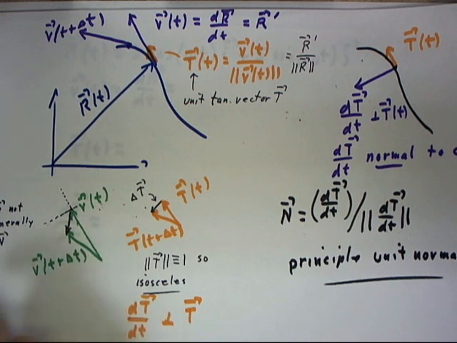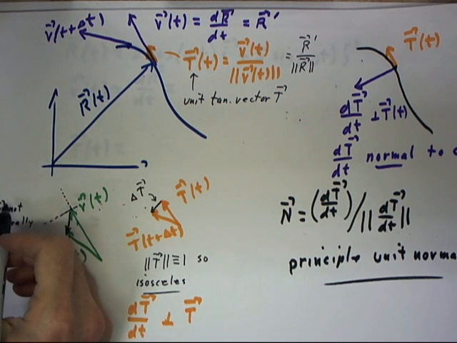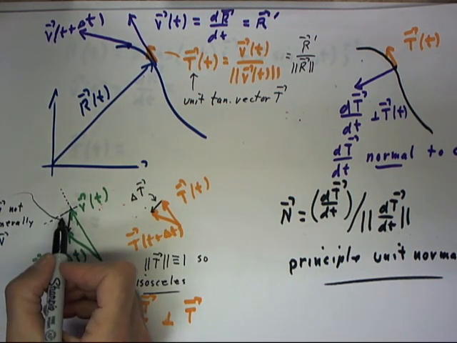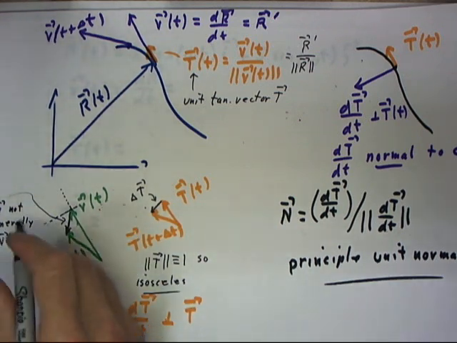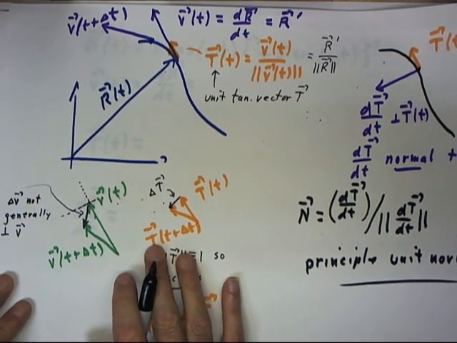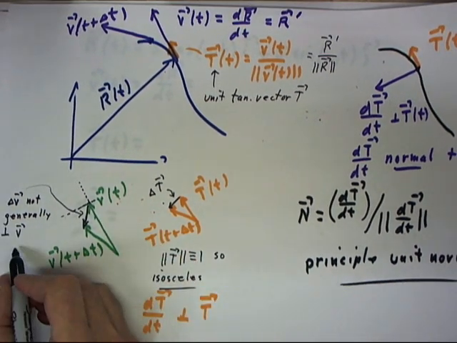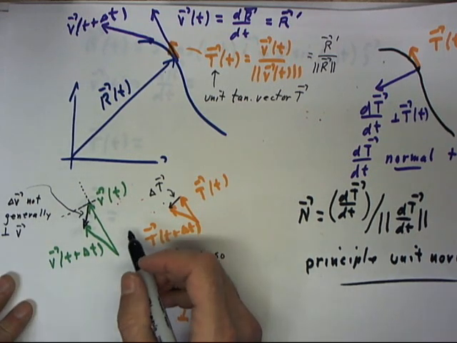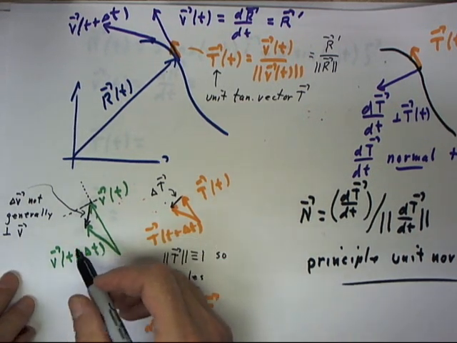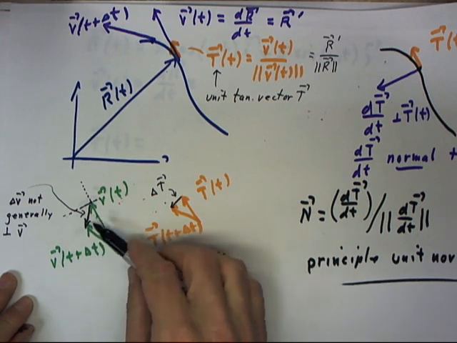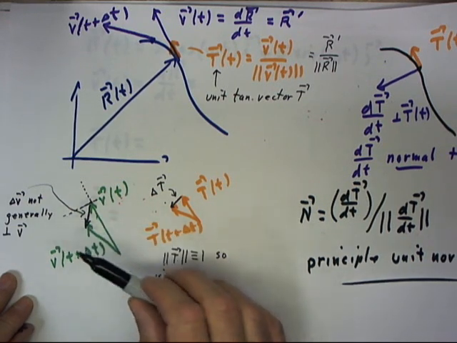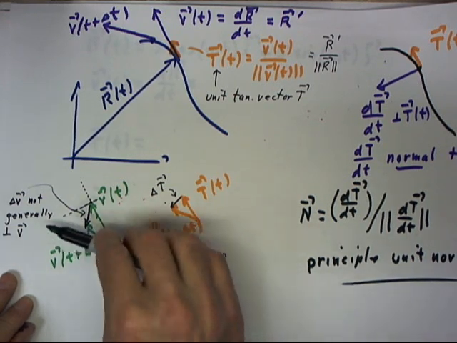So the first thing we see is our delta v, which is just this vector, is not generally perpendicular to our velocity vector. And that's only going to be true if, as in preceding clips, the magnitude of the velocity vector remains constant in the limit.